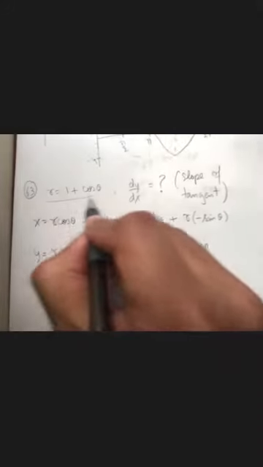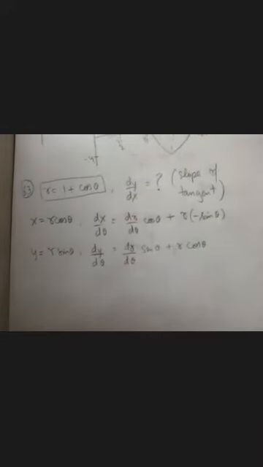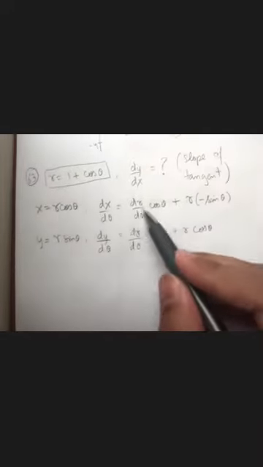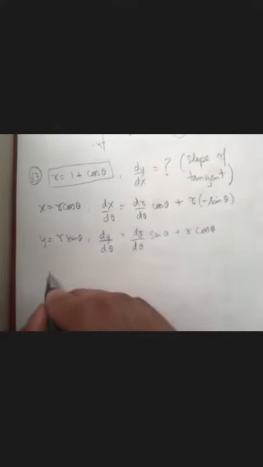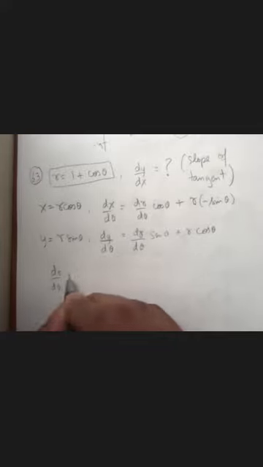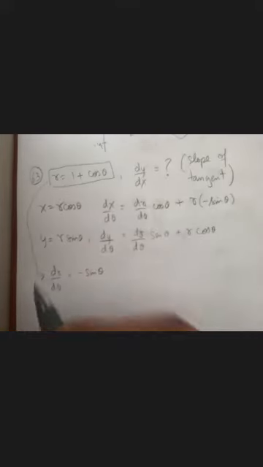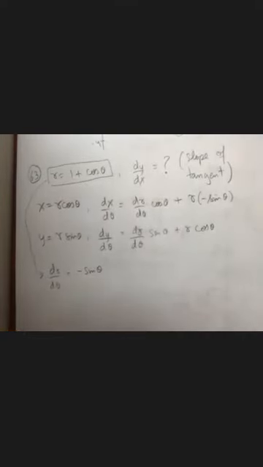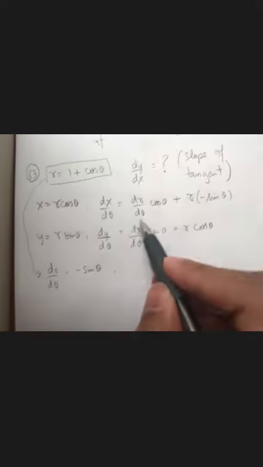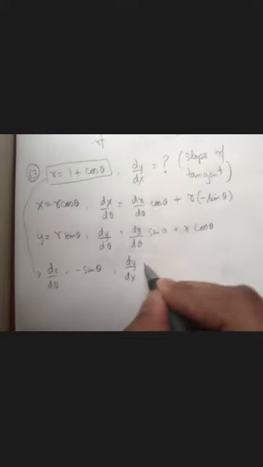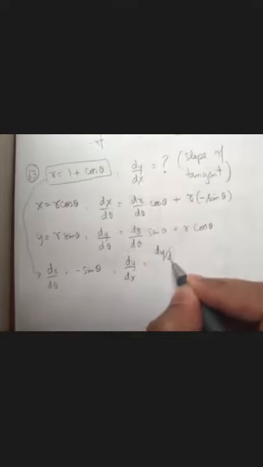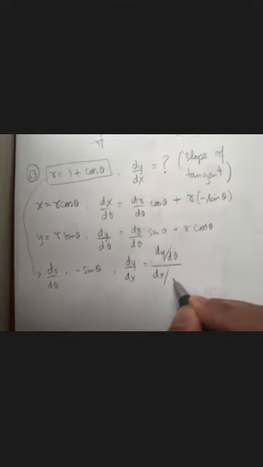But for the given problem, let's compute what is dr over d theta, because we need dr over d theta. It's negative sine theta. Right. So now if I substitute negative sine theta here and divide these two, my dy over dx is dy over d theta divided by dx over d theta.